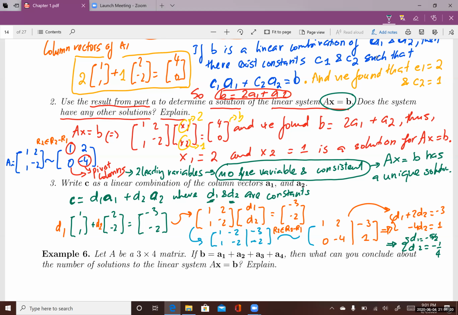So now we can replace d1 and d2 here by their actual values, right? d1 is -5/2, d2 is -1/4. Well, then C now is a linear combination of A1 and A2.